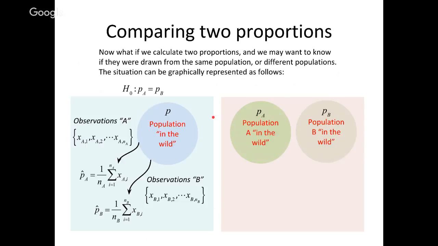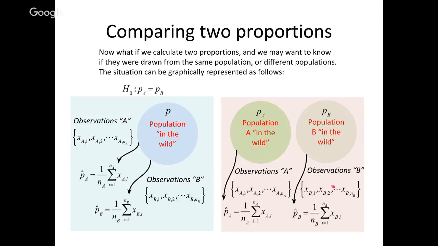On the other hand, we could have a situation where there are actually two different populations with two different proportions of events for A and B respectively. And then when we went out and collected observations and estimated from that a proportion of the samples with events in A and B, we would again be faced with the question: is the difference random variation, or is it actually reflecting a difference in the parent populations?